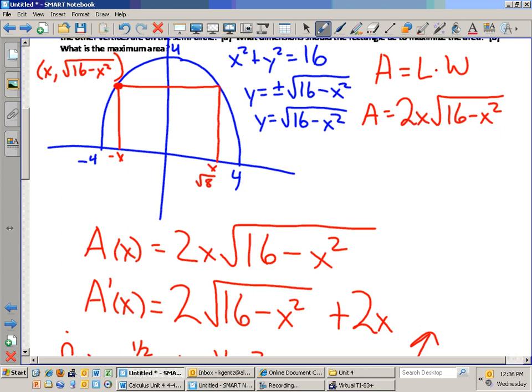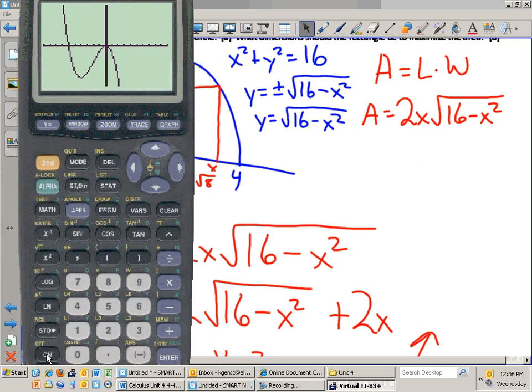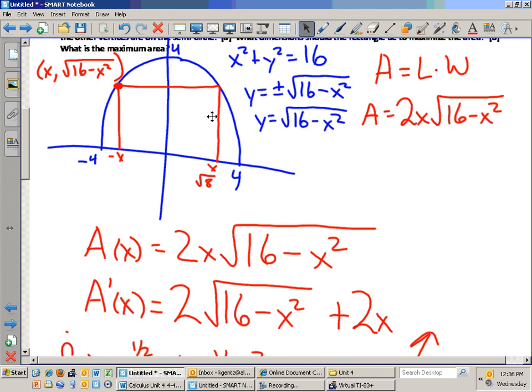Oh, you want to, okay. Well, square root of 8 is 2.83. Double it to get your width, right? So the width is equal to 5.66.